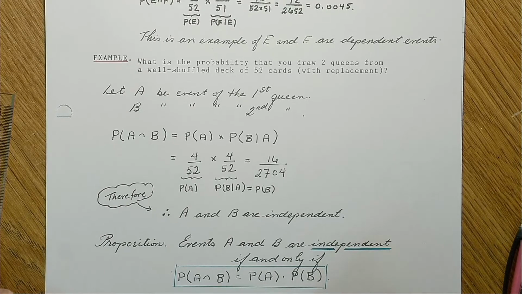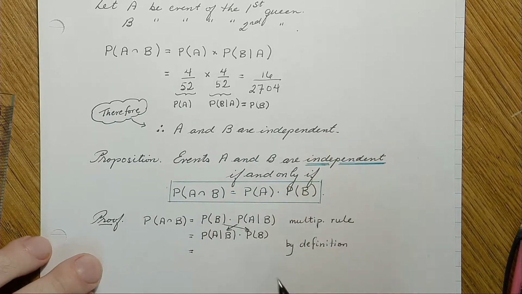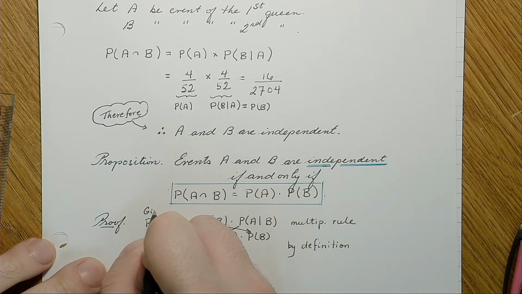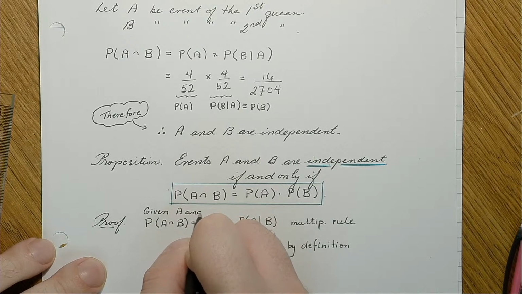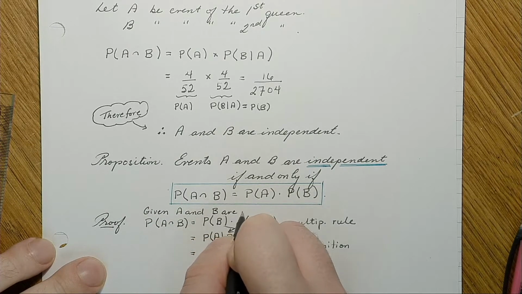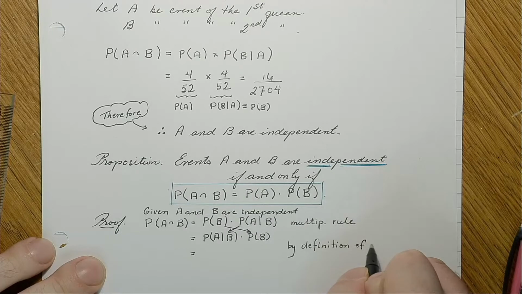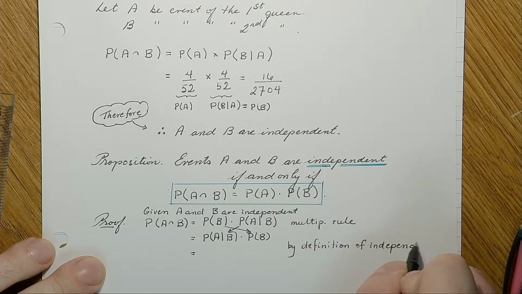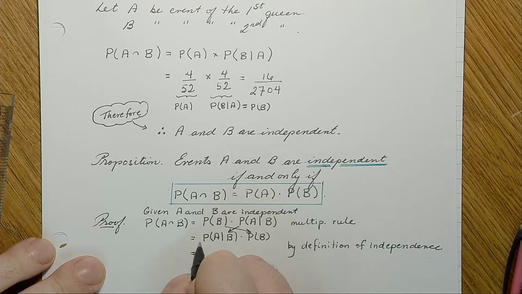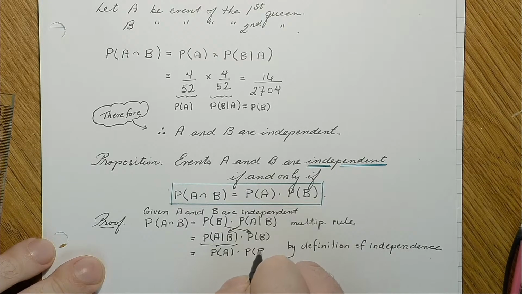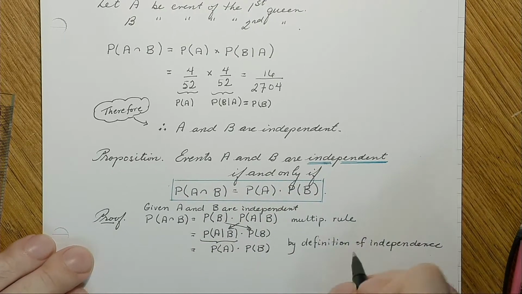So, by definition, given A and B are independent, you can replace that just with the probability of A times the probability of B. And that's the end of the proof.